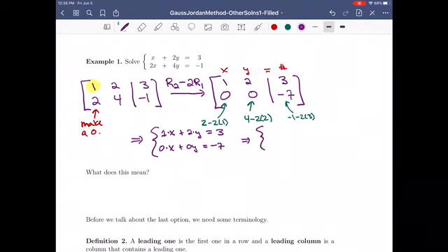Simplifying, I get x plus 2y equals 3 for my first equation. But in my second equation, 0 times x plus 0 times y is just 0. So I get 0 equals negative 7. What is going on with that row? This doesn't make any sense.